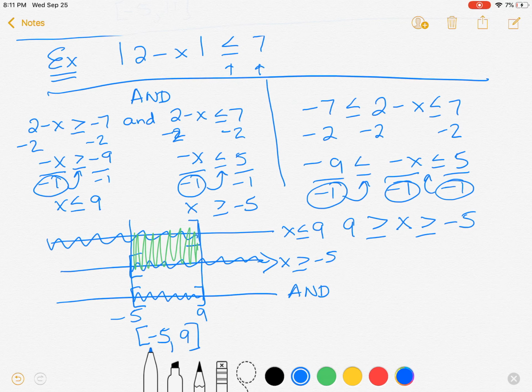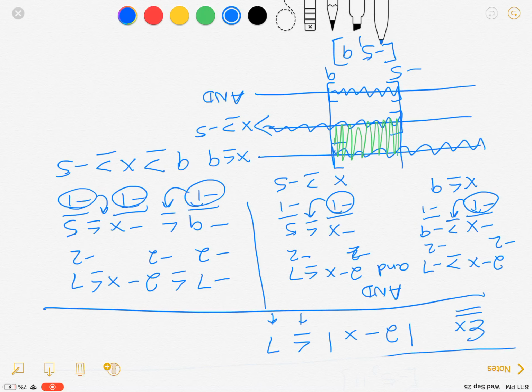Now, if you turn this upside down, and you look at it from the upside down, it says -5 is less than or equal to x, which is less than or equal to 9. So x is bigger than -5, but it's less than 9. Okay?